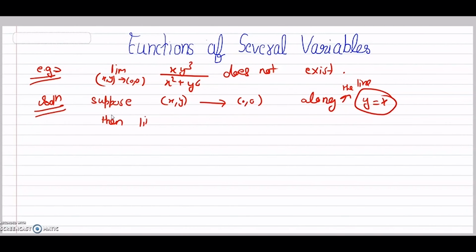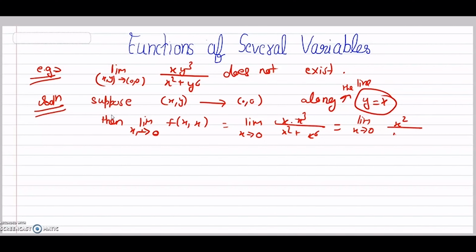Then limit x tends to 0, f(x,x) is equal to limit x tends to 0, x cube upon x square plus x to the power 6, is equal to limit x tends to 0, x square upon 1 plus x raised to the power 4. ठीक है, and it is equal to 0 because x tends to 0.